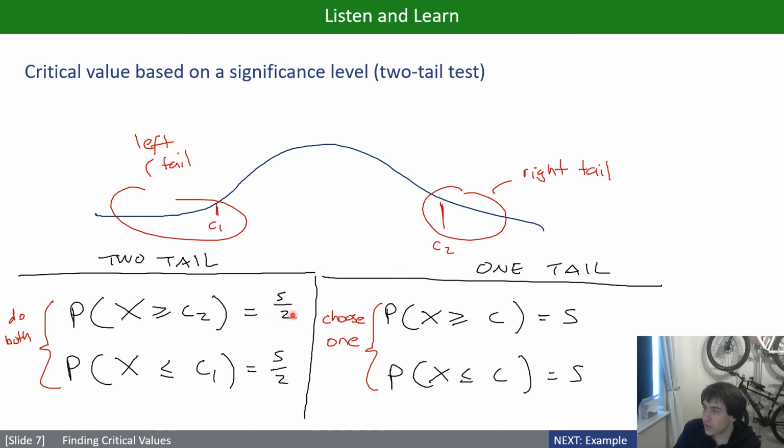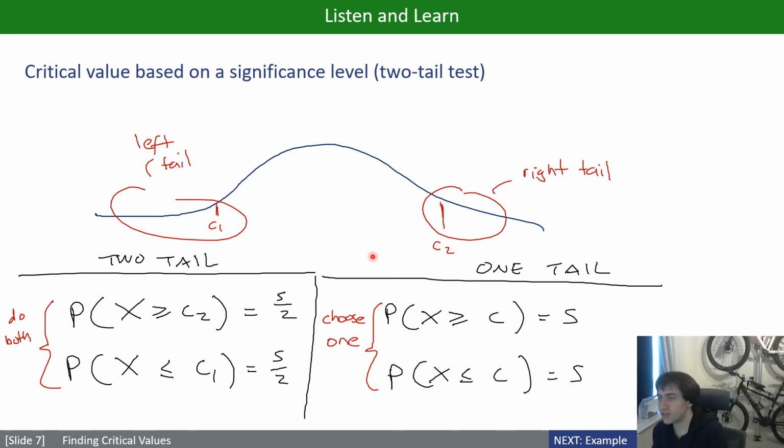You divide the significance level by 2, and if you're working out critical values, you may need to find two of them. Again, as we'll see next session, you might end up only having to work out one anyway, but which one you choose is a story for another time. For now, just make sure you understand that you divide the significance level by 2 when it's a two-tailed test, and use this version rather than this version here.